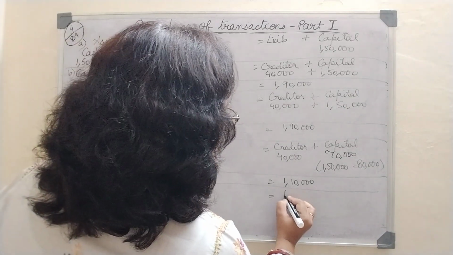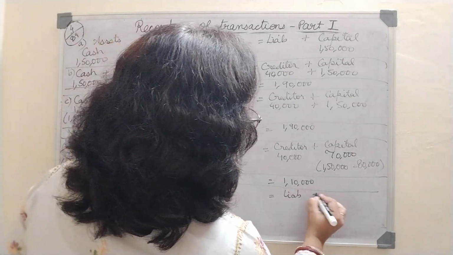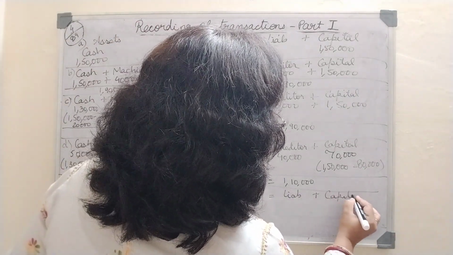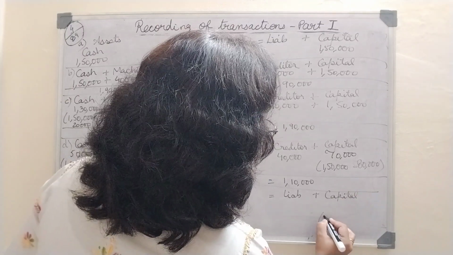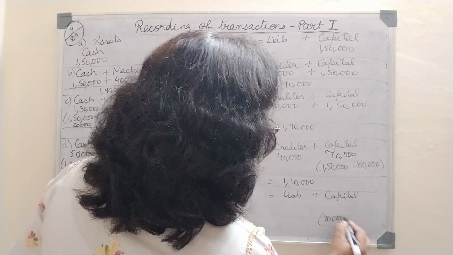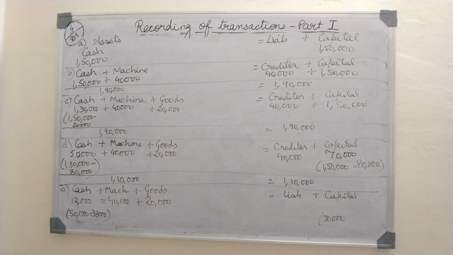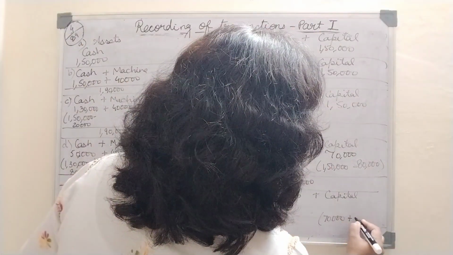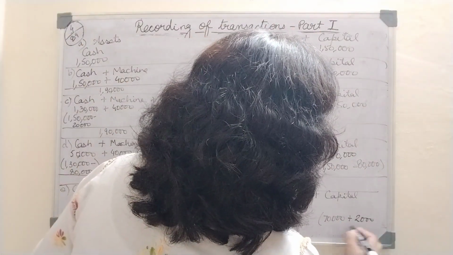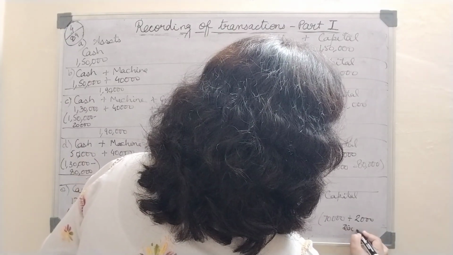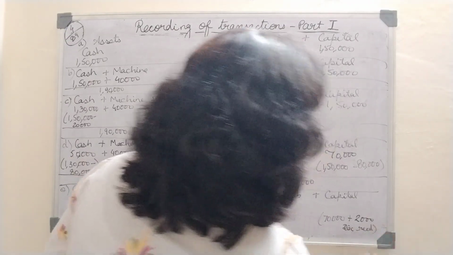So what I will simply write, liability plus capital. So capital we will add the discount received. How much discount we have received? Can anybody tell me? It was 40,000. Now 38,000 I have paid. So how much discount I have received? 2,000. You can write over here discount receipt, right?